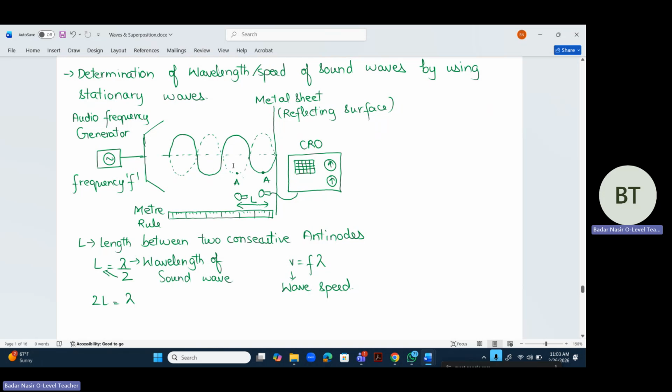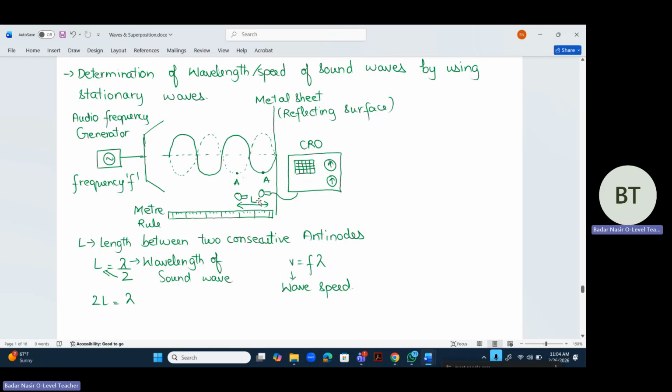ठीक है, ये आ गया. Now this is an antinode and this is another antinode. We use the microphone, we move it horizontally where we hear a louder sound. ठीक है, so we mark those positions. उन दोनों पोजीशंस के दरमियान की लेंथ मेजर कर लेते हैं L with the help of meter rule.